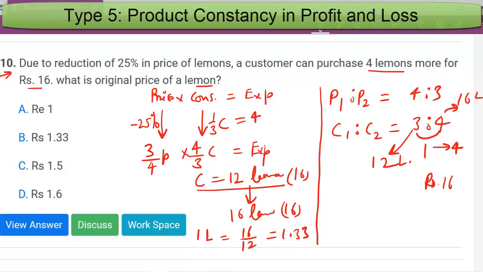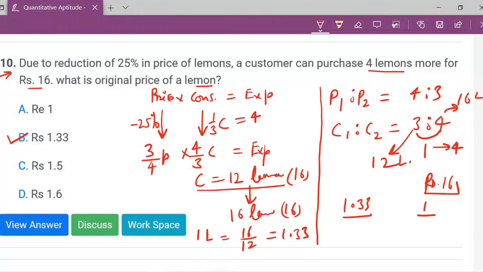So earlier in rupees 16 he was having 12 lemons, and now in the same rupees 16 he is having 16 lemons. So his earlier price was 1.33 rupees per lemon, and now the price is rupee 1 per lemon. In the question it was asked what is the original price of a lemon. So the original price was 1.33. So the answer B is correct.